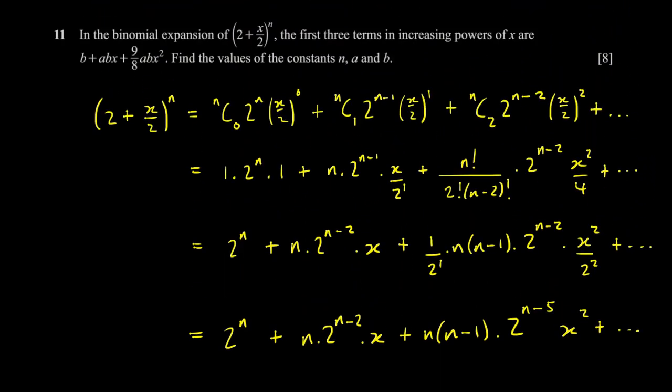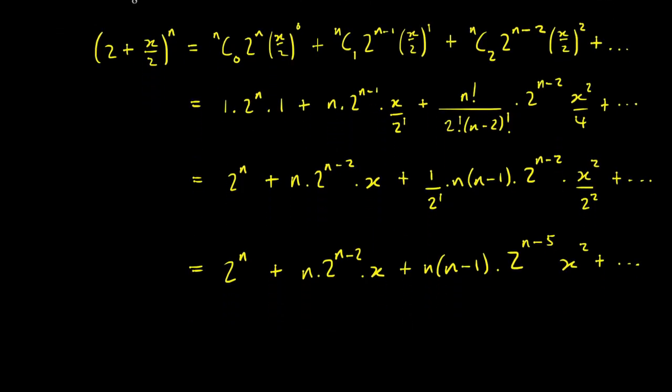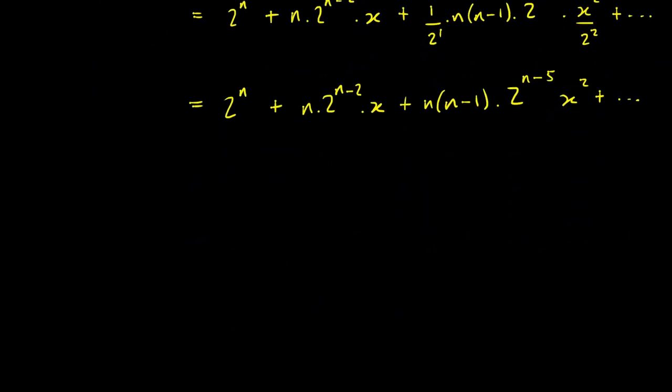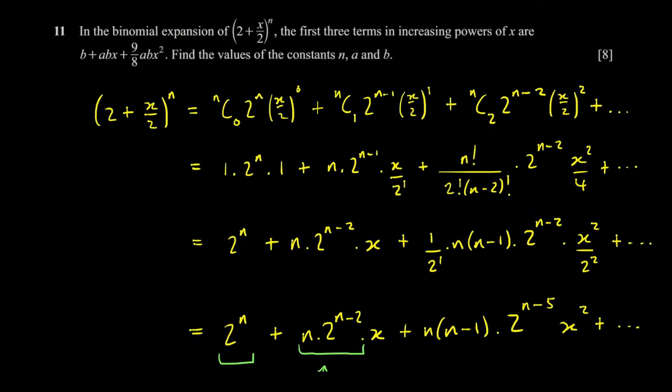Now, we are told in the question that that is equal to b plus abx plus 9 upon 8 abx squared. So b, so this guy here, that's our b, right? This guy, the coefficient of x is ab. I think that was it? Yeah, ab.